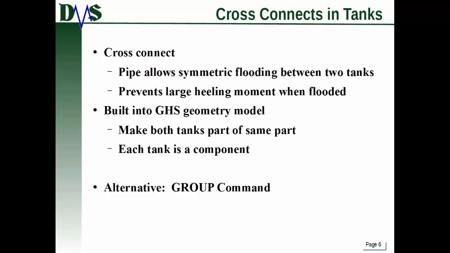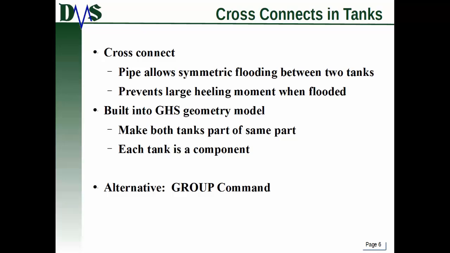Now the question becomes, how do you model this in GHS? The easiest way is to actually build it into the GHS geometry model itself. So you don't necessarily need to model the pipe itself. What you can do is you can actually have both the port and starboard tank included in the same part.